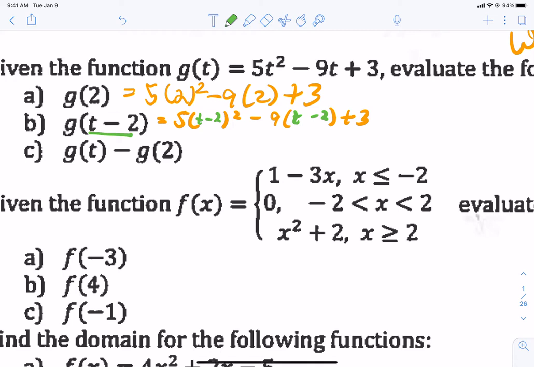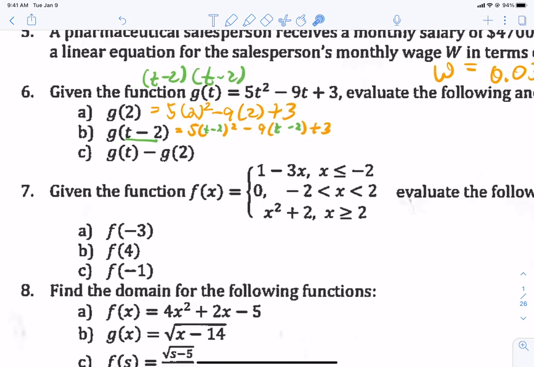And then you do have to be careful about your order of operations, okay? So you want to square this by writing it out twice. You want to write it as t minus 2 times t minus 2 before you multiply by 5. And then you need to distribute the -9 and so on. Any questions about number 6?